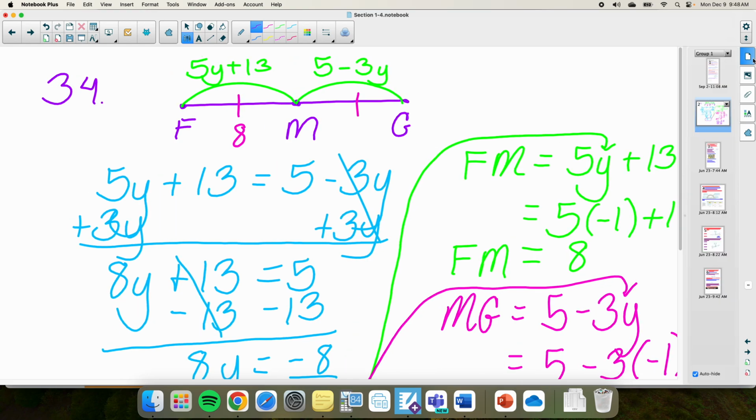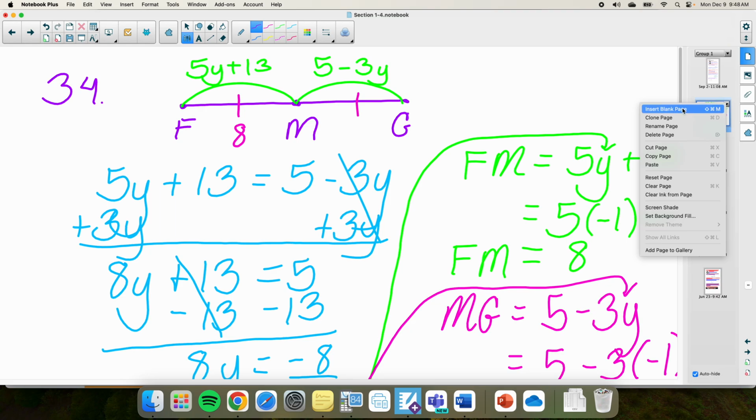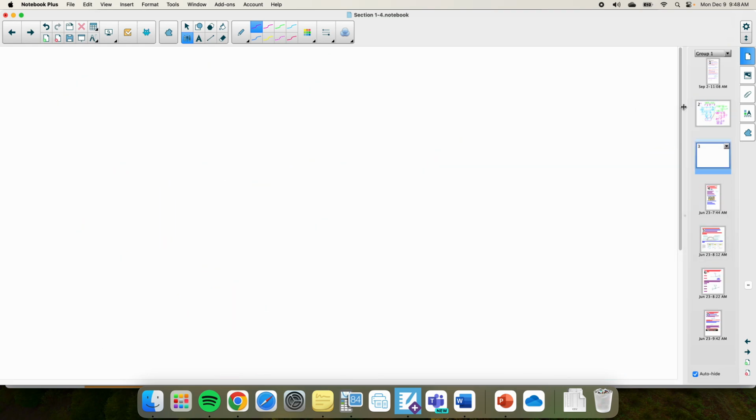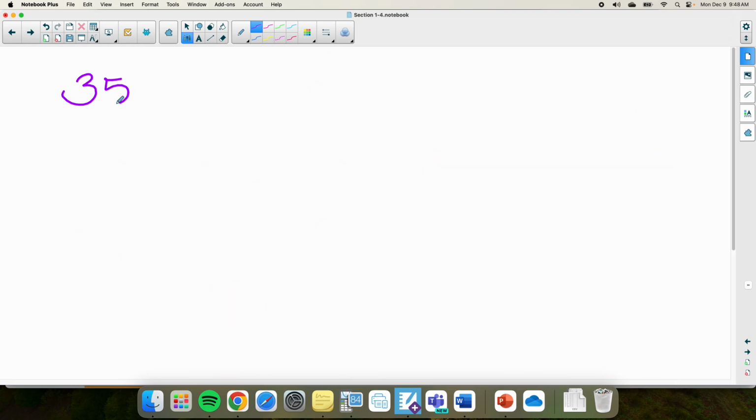Now, if we look at 35, we have that same scenario where it tells us that M is the midpoint of FG. So M is in the middle, FG is the endpoints.